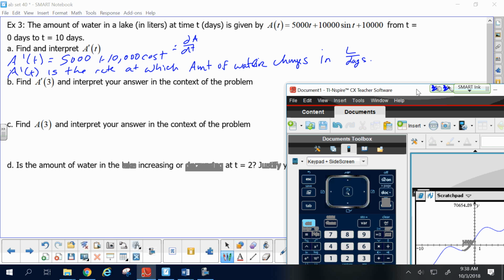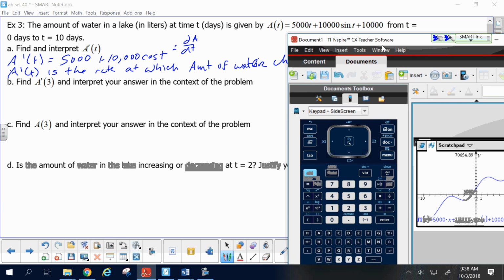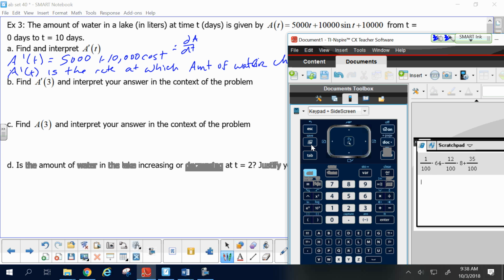Would you find then A prime at 3, and let's talk about the interpretation of that. A prime at 3. Now you could do that one of two ways. You could slap that whole thing in your calculator and have your calculator do the derivative, or you could just take your derivative and put 3 into that. Either way, you should get the same answer.